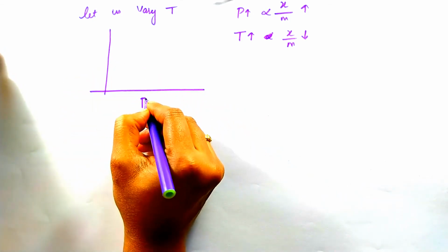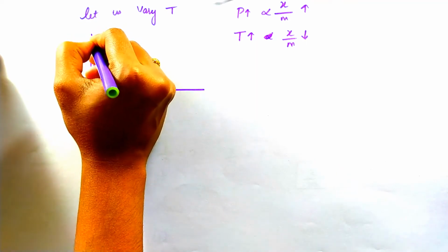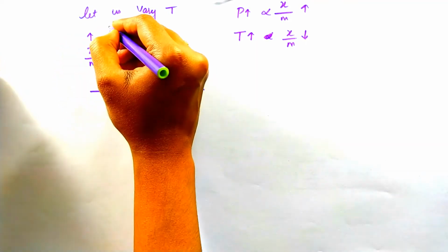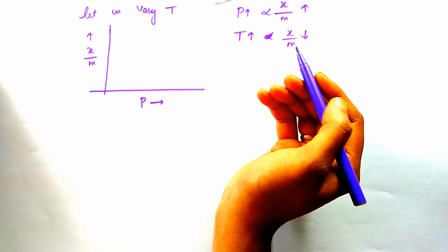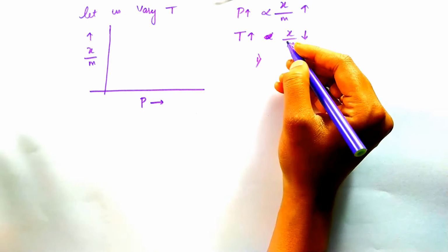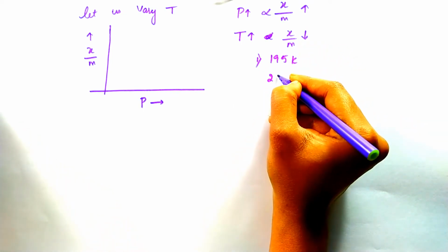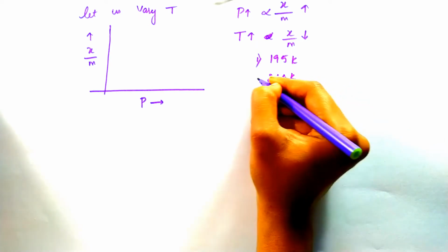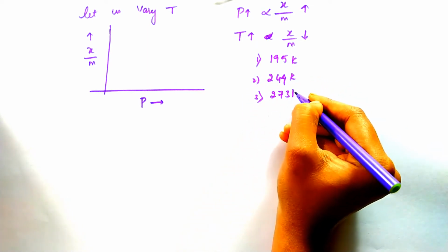Along the x-axis, I am taking pressure, and along the y-axis, x by m, that is extent of adsorption. As the pressure increases, extent of adsorption increases. Let me take 3 temperatures: 195 Kelvin, 244 Kelvin, and the third temperature is 273 Kelvin.